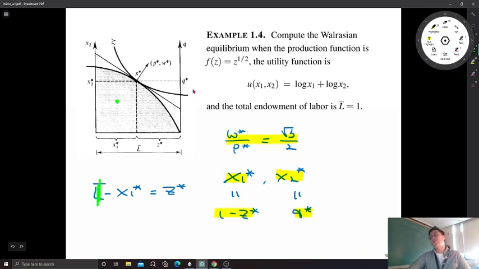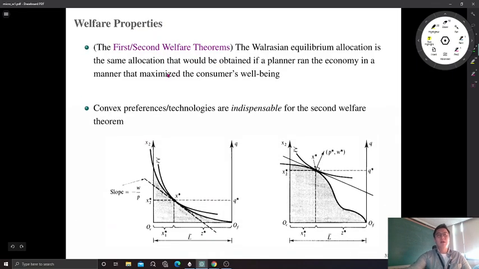So there is no other way to increase the consumer's utility. So consumption efficiency is also achieved. Okay. So this is why Walrasian equilibrium is Pareto efficient in this economy. So the first welfare theorem holds.